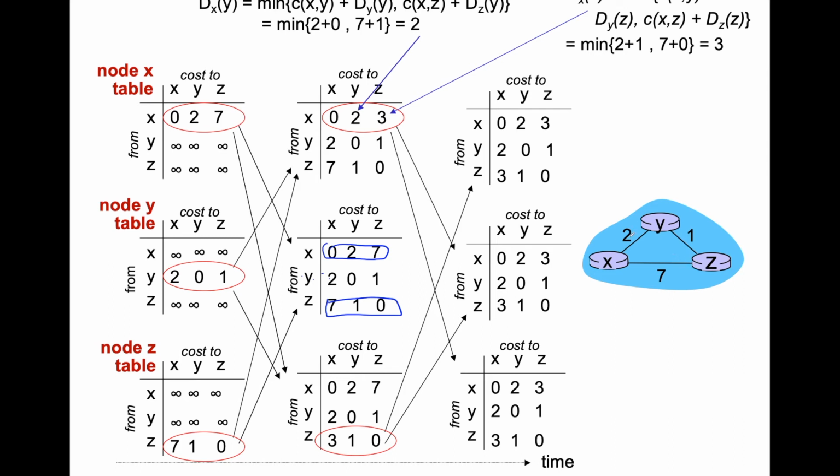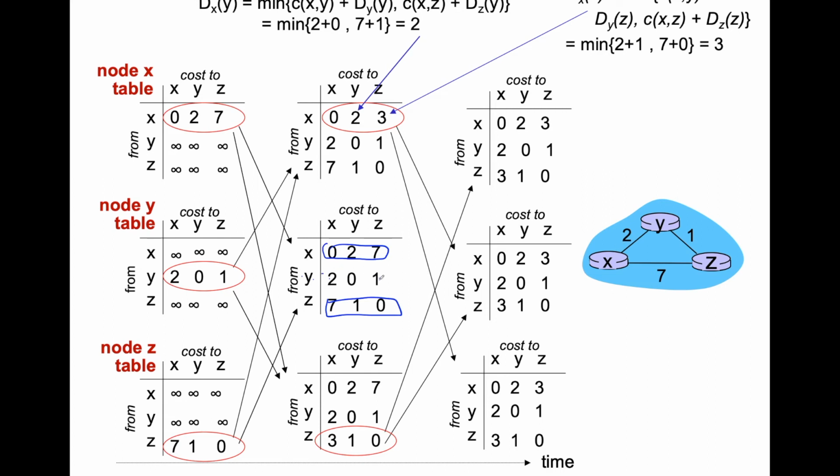The 2 is cheaper, so we're going to go indirectly through Y's neighbor X. So to go from Y to X, we're going to go through Y's neighbor X at that cost of 2. So we write down 2 here.